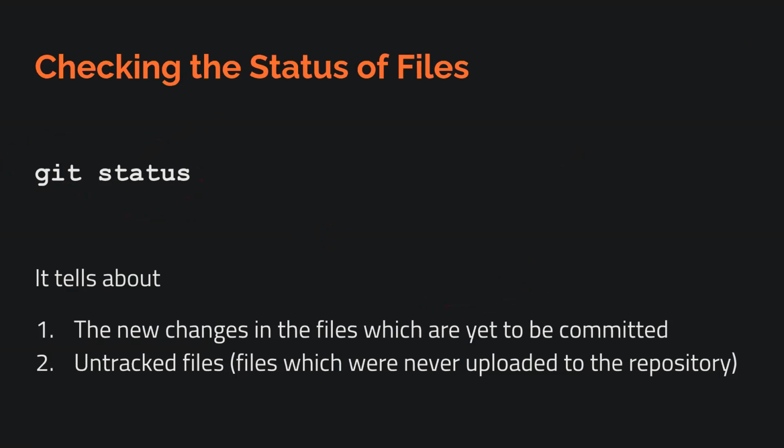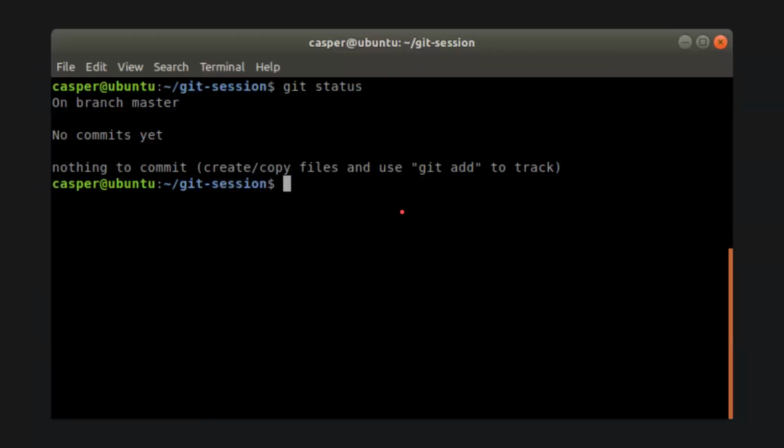These are mostly the two types of files we would be interested to know about, because modified files are the files which we would like to commit in future, and the staged files are the files which we would like to commit in the next commit. Let's move on to the next slide. No commit yet. We haven't committed anything.